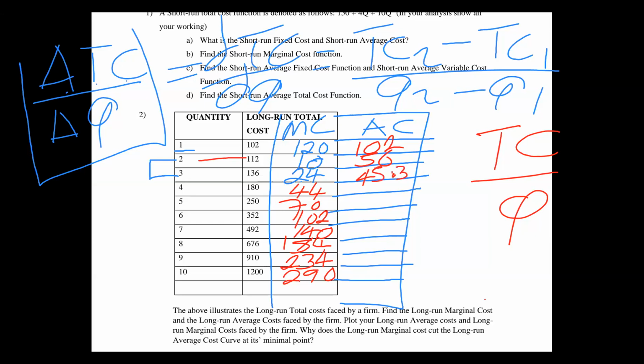And 180 divided by 4? 45. And 250 divided by 5? It's 25. Is it?